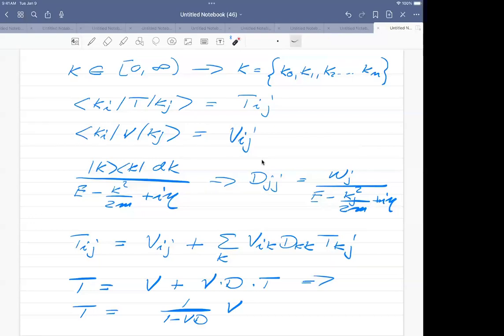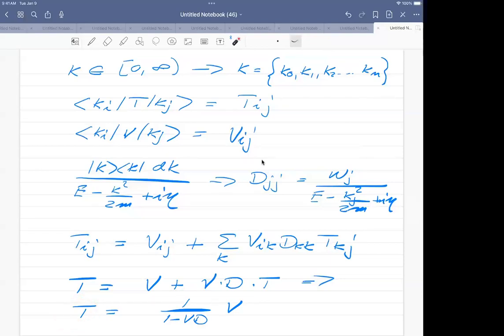There are some simple analytical potentials which you can actually plug in and solve for. But in most cases, you would have to resort to a matrix inversion. You discretize, you set up these matrices, V and D, and then everything here is known. And that means that you can get your T matrix.